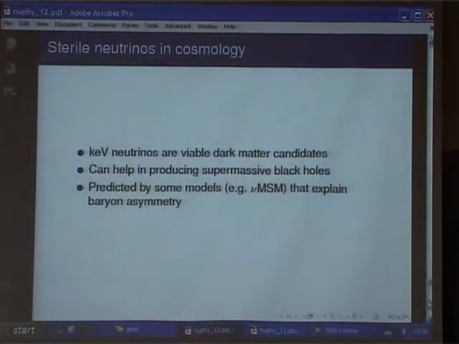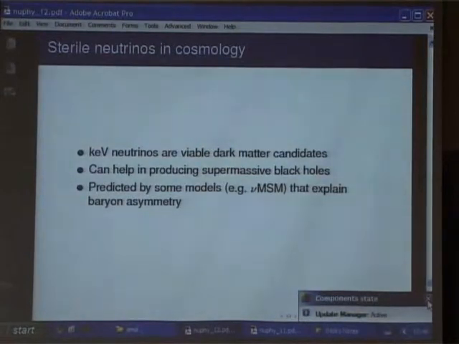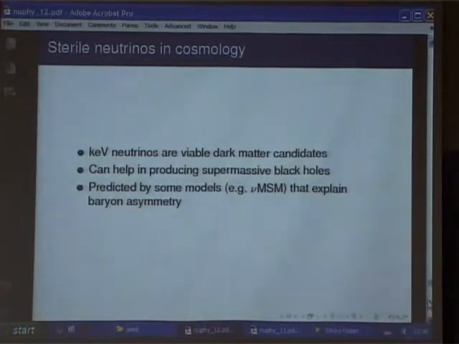In cosmology, I just mentioned these three. So if you have got keV neutrinos, they are good for dark matter. In fact, these keV neutrinos also can help you in making supermassive black holes. We know that at the centers of all galaxies, we have supermassive black holes. If we actually have sterile neutrinos, which are keV, you can help them. They are not required, but they help.